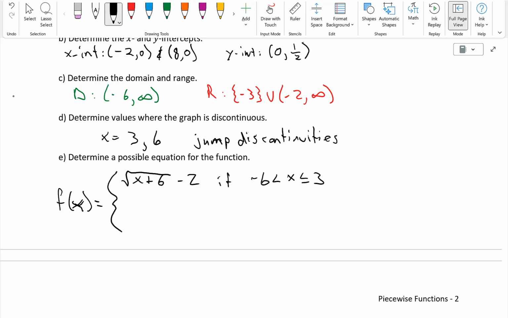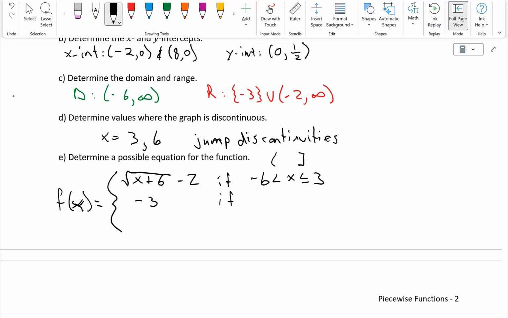So the less than, that strict inequality, correlates to the parenthesis we had before, and the less than or equal to here goes for the bracket, that optional equality. So the strict is a parenthesis, the optional equality has the bracket. For the middle one, we just have -3, right? It was our constant function.